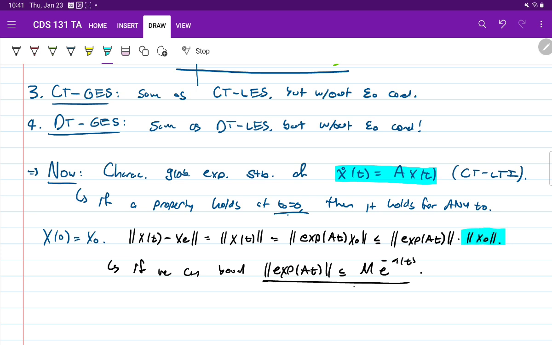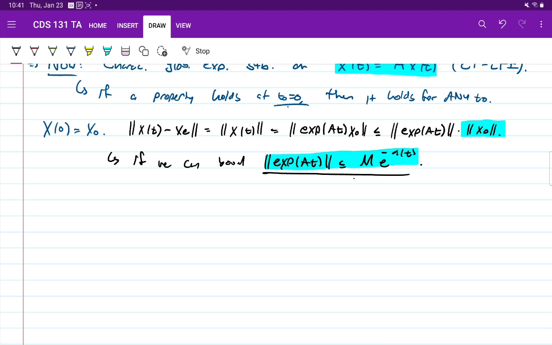So our main goal is to show that under certain conditions on our A matrix, we're able to get this decaying exponential bound on the norm of the matrix exponential. So what we want to do now is find conditions where we get this bound.